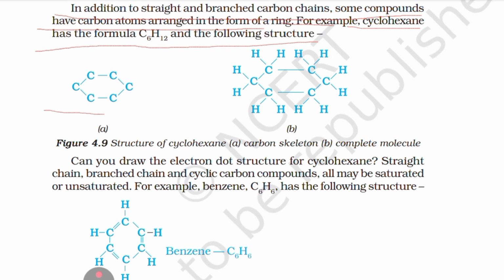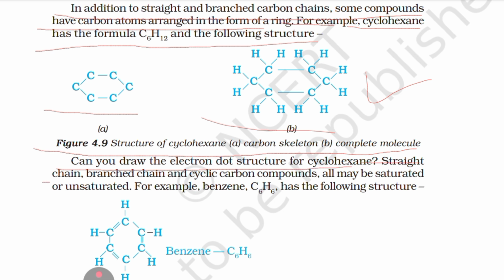Figure 4.9: structure of cyclohexane, A carbon skeleton, B complete molecule. Can you draw the electron dot structure for cyclohexane?